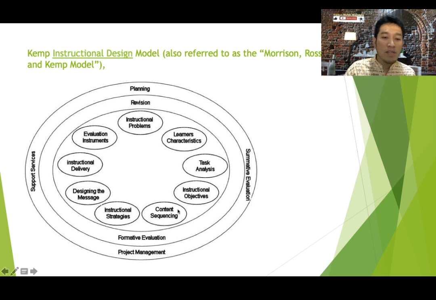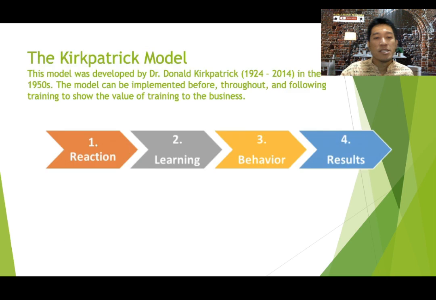Kemudian ada formative evaluation, ada project management. Jadi bagaimana dalam menjembatani, bridge the gap antara learner yang tidak atau belum mampu menyelesaikan task atau goal menjadi mampu dengan beberapa step atau model yang saya sampaikan di sini.